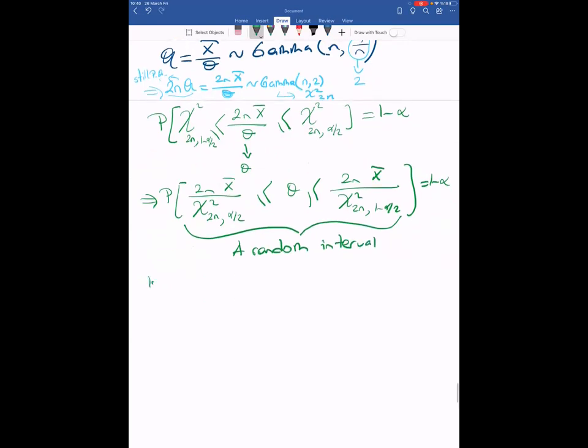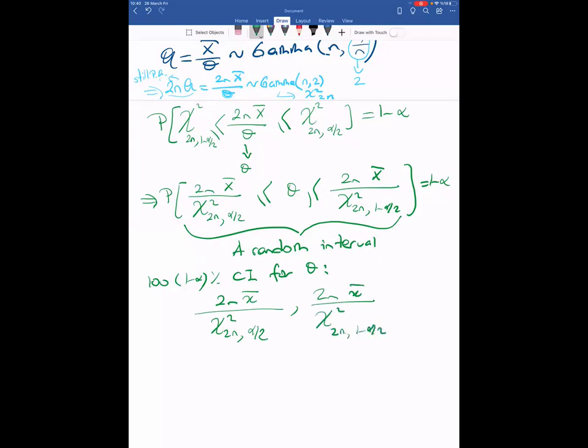To write a confidence interval, the 100(1 minus alpha) percent confidence interval for theta will be, okay, so what we have to do, just replace the random variable x bar with an estimate, write everything outside of the probability, and then we have 2n x bar over chi-square 2n, alpha over 2, and 2n x bar over chi-square 2n, 1 minus alpha over 2. So this will be our confidence interval that we generate from the pivotal quantity.